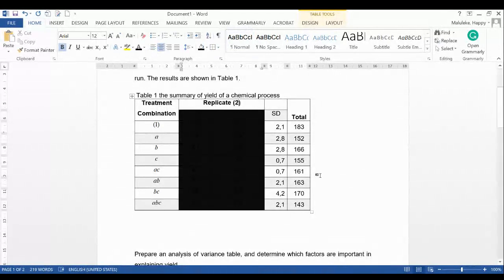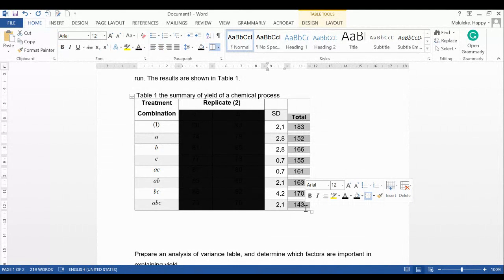Finding the factors is not a problem because you'll use that total, right? But you're not given the original values. So it's not possible for you to find SSTO, because for you to find SSTO, you need the actual values, right?